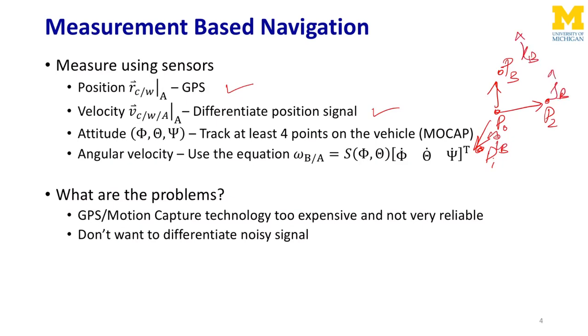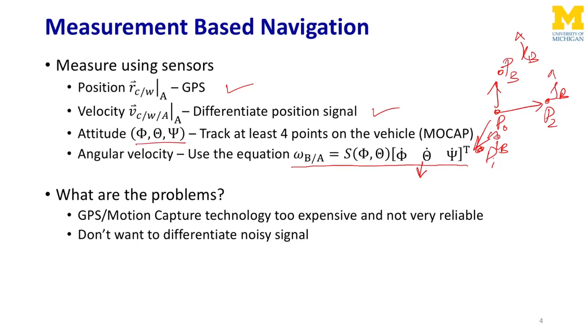And then using these three directions, you can get the attitude of the rigid body. You could use a mocap system. Mocap is a motion capture system, and that will give you the attitude. Once you have the attitude, you can express it in terms of the Euler angles. And to get the angular velocity, you can use this equation that you might have used in the course earlier, where these Euler angle dots are obtained by simply differentiating our measurements.